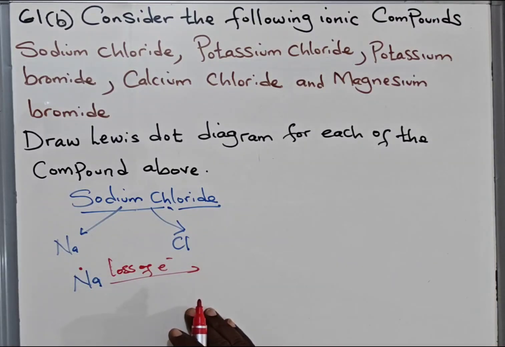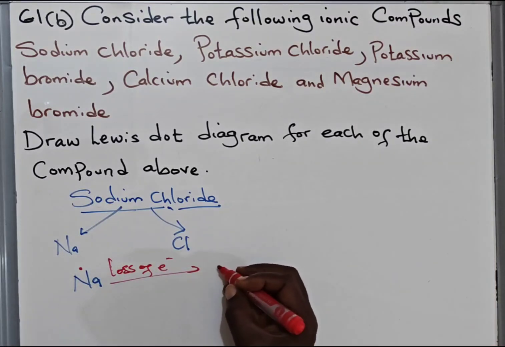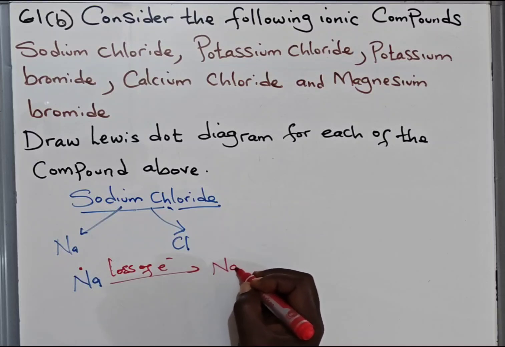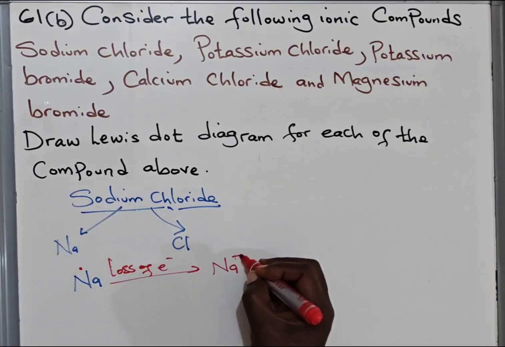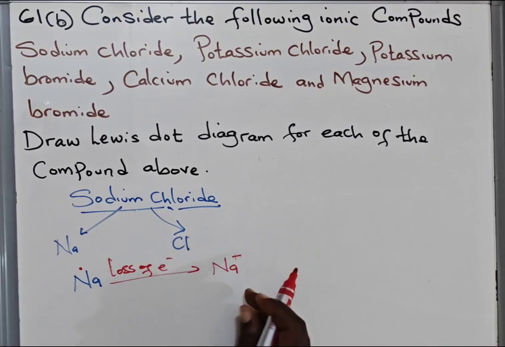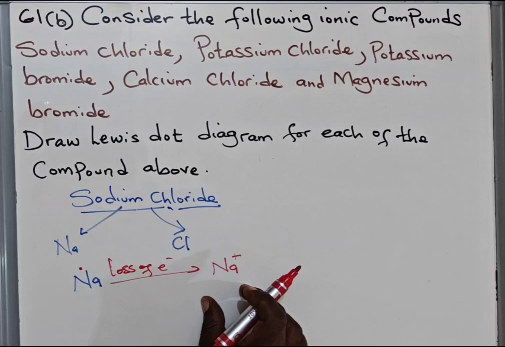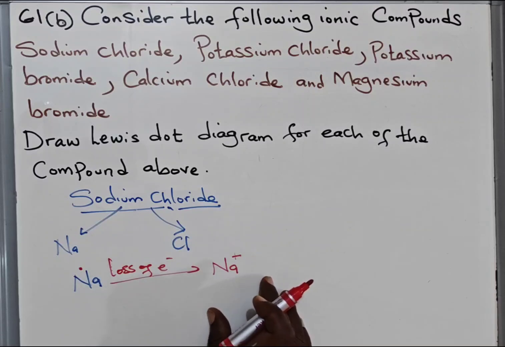When an electron is lost, what we get is going to be sodium without the electron. But because it lost the electron, it attains a positive charge. And what you see here is the Lewis dot diagram of sodium ion.